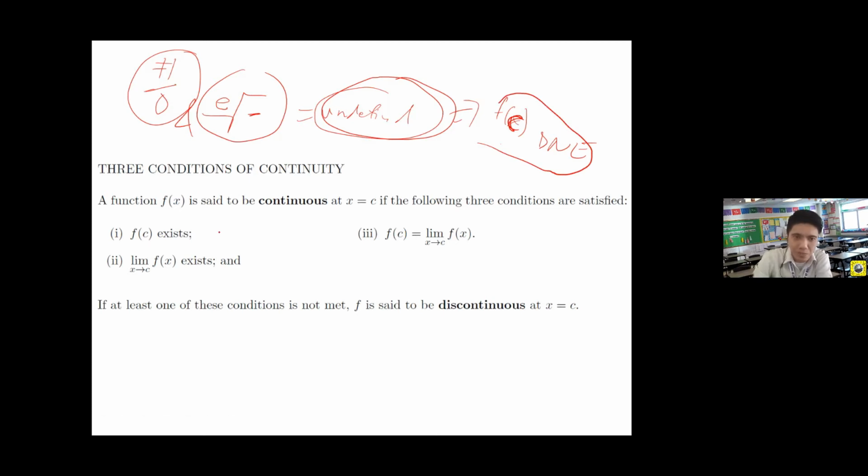Next, the second condition that must be satisfied is that the limit of f of x as x approaches c exists. Again, same idea. When can you say that the limit exists? When you get a value while solving for the limit. How will you solve for the limit?